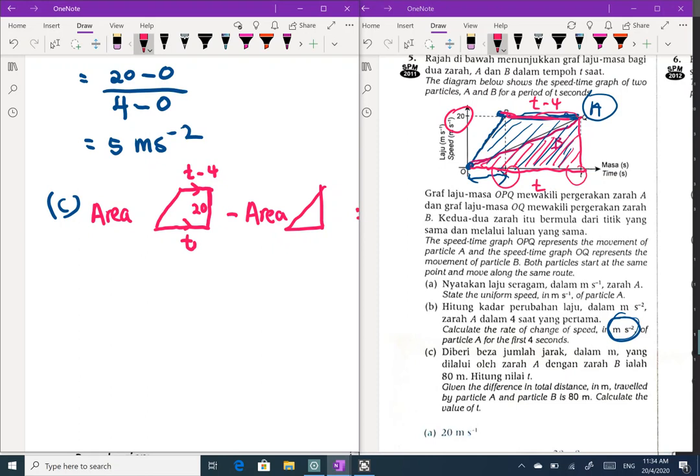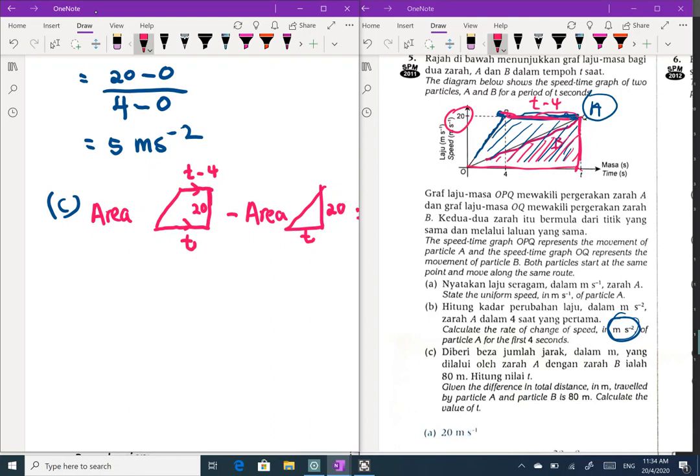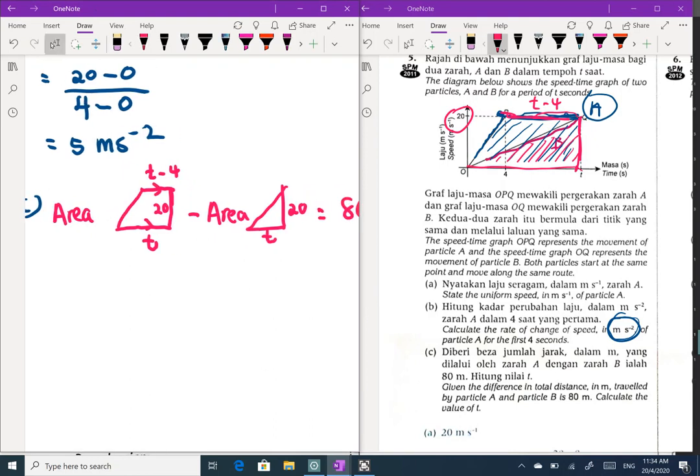How about the triangle? The length is t. The height is 20. Now we calculate the area.